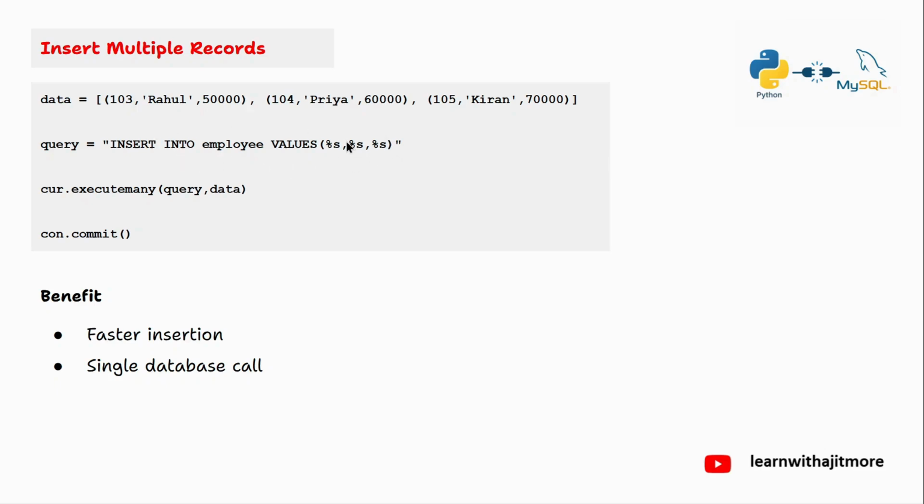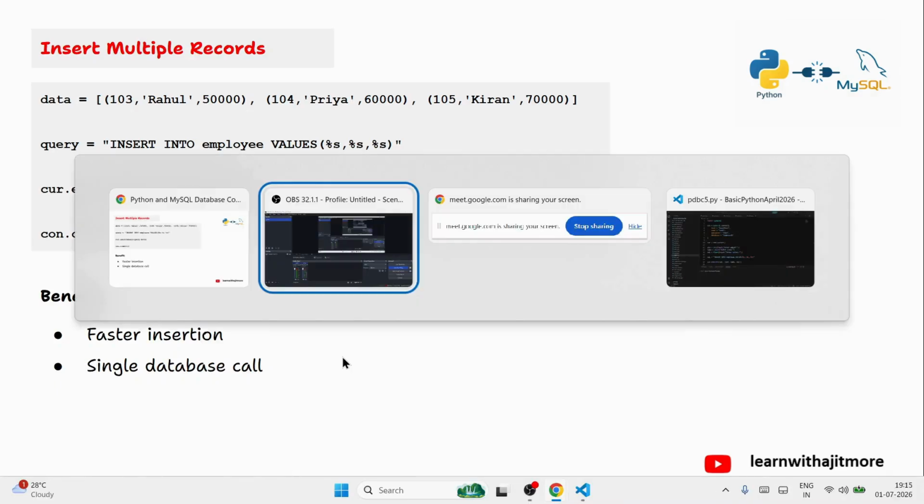One time only it is going to submit it, by putting a comma and then the next record from the list. First it will substitute 100, Rahul, then comma again, and then it will build that batch query and send that batch query once only to the backend. And here, how many times are you interacting with the backend? Only once, by calling executemany. Okay? I'll show you the effect.